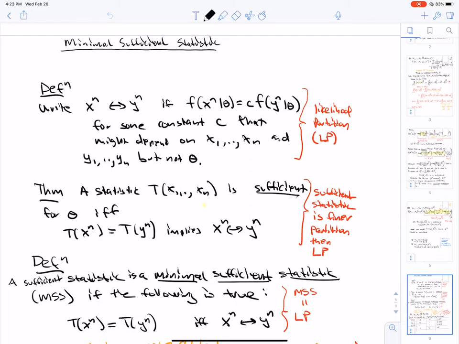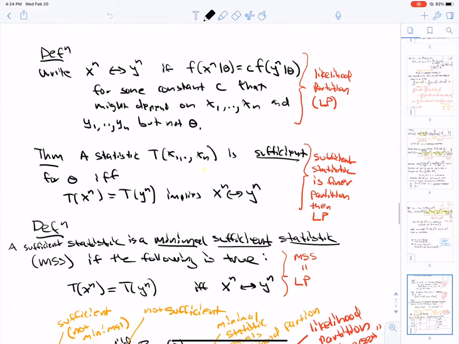So we say that two outcomes x1 to xn and y1 to yn are equivalent if the likelihoods for xn and yn are multiples of one another, where that multiple c does not depend on theta, but it may depend on x1 to xn.